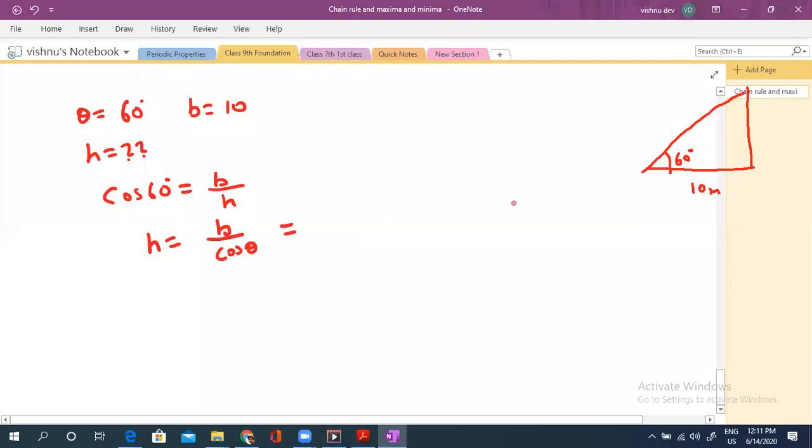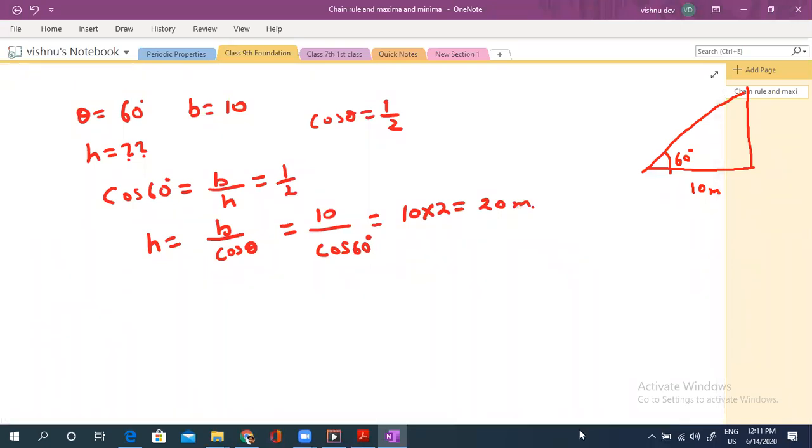Now base is 10 by cos 60 degree. We know that the value of cos 60 degree is equal to 1 by 2. So this is equal to 10 into 2, so 20 meter. Got it, everyone? Okay, we will solve more problems based on this.